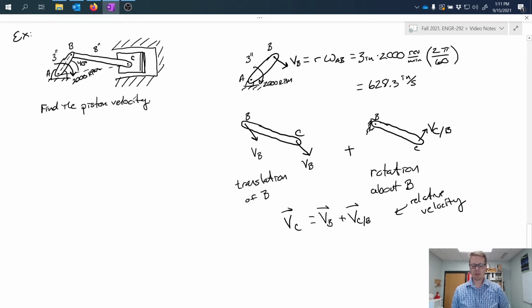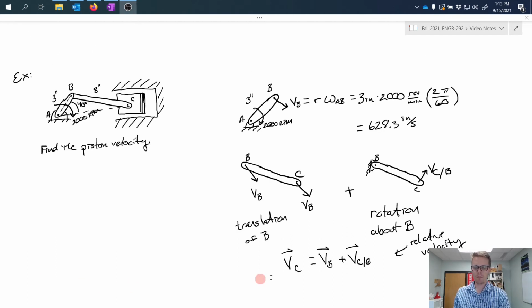Now we can start looking at what it is that we know about this system. All right, giving myself a little room here.